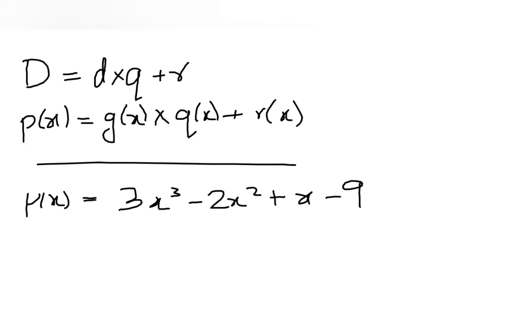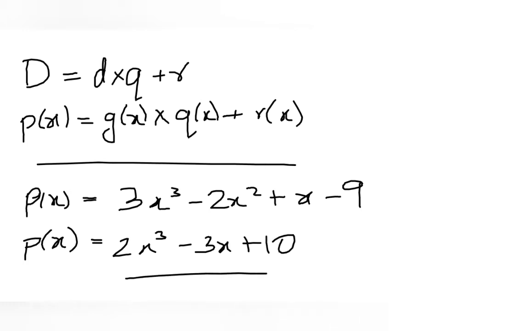Now to trick us, what NCERT and CBSE do is give us polynomials such as 2x cube minus 3x plus 10. They give this kind of polynomial because they want to trick us, and we get tricked by them.